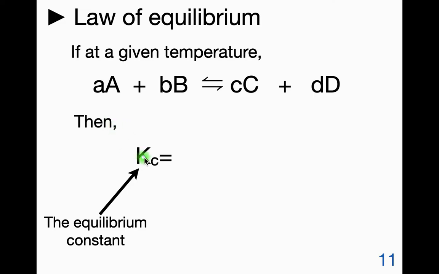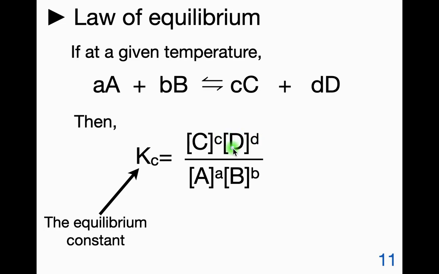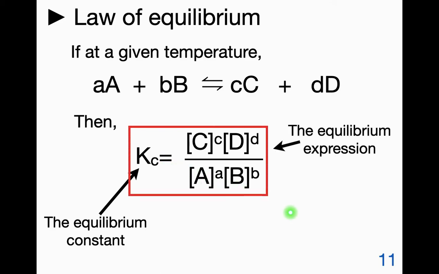Okay. So if this is our chemical reaction, then we can determine the value of the equilibrium constant by plugging in the concentrations and the coefficients into this algebraic relationship. This is called the equilibrium expression. It is simply the concentration of the products in the numerator raised to the power of their coefficient.